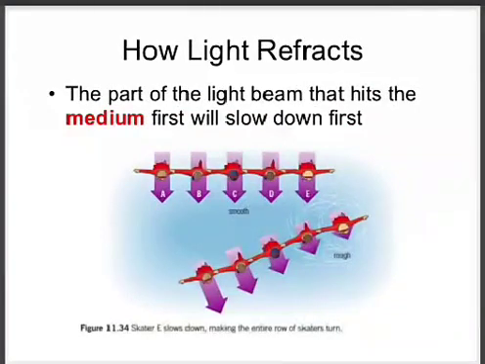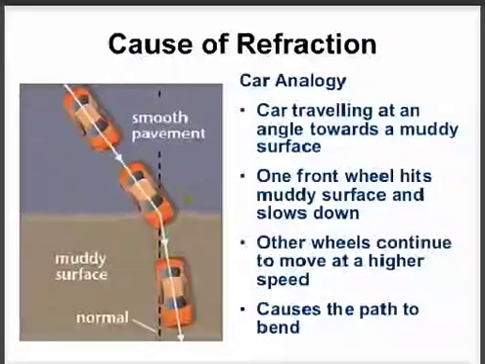So as you see how light refracts, whenever light goes from one transparent medium to another, it bends, and because of this bending, the speed is reduced. The part of the light beam that hits the medium first will slow down first. This is the way it bends. Cause of refraction, very easy. As the particles are close to each other, the speed reduces.